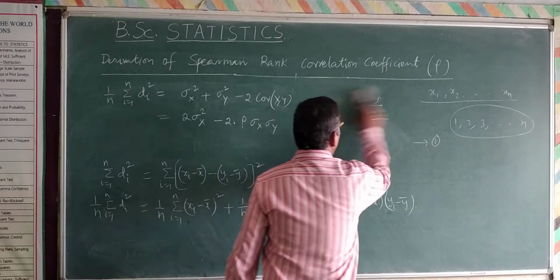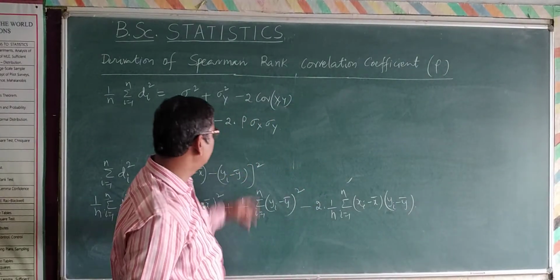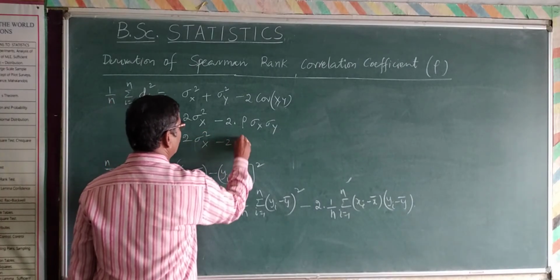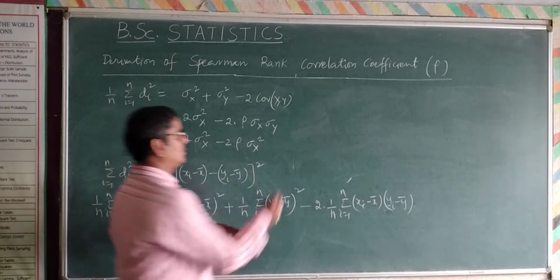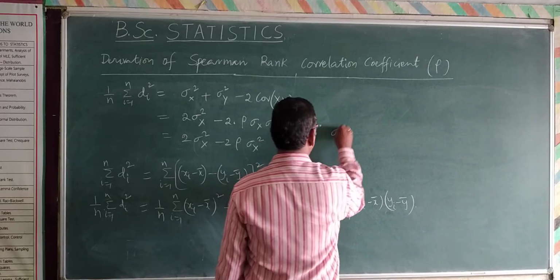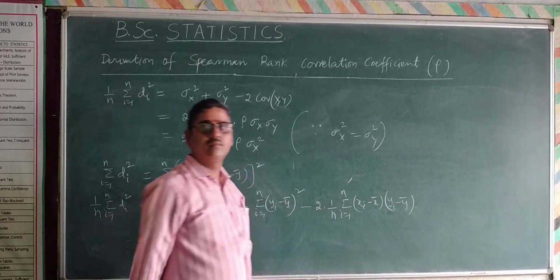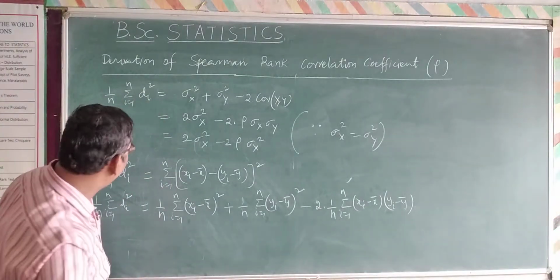So now again, sigma x is equal to sigma y. So this is 2 into sigma square x minus 2 into rho into sigma x into sigma x, sigma square x. This is the reason, since sigma square x is equal to sigma square y. So therefore this is the value we got.